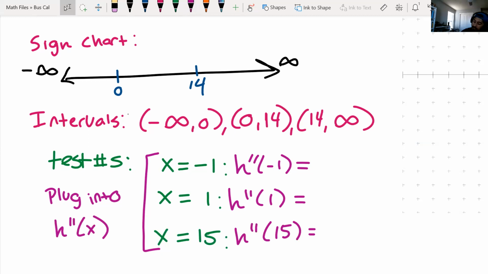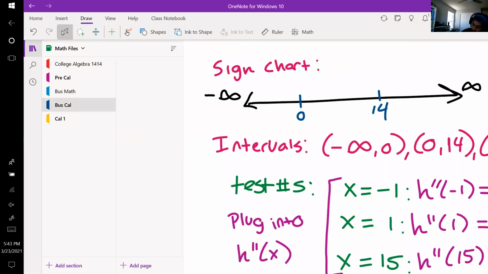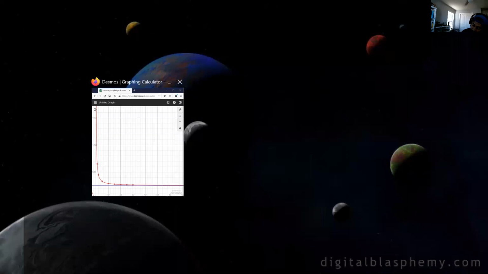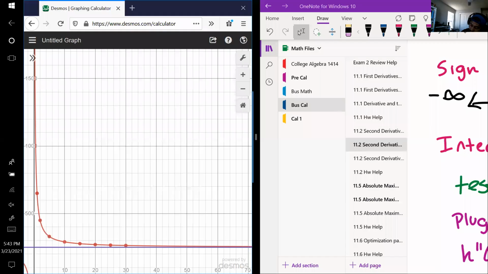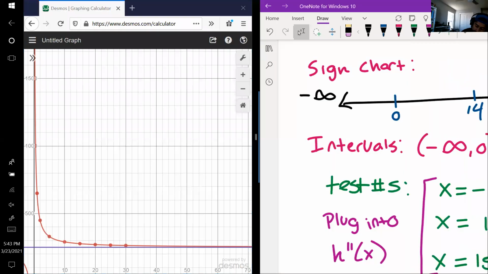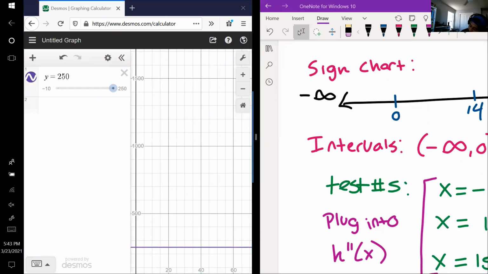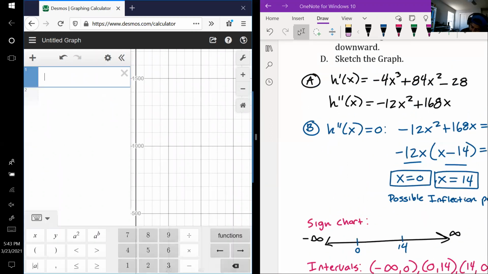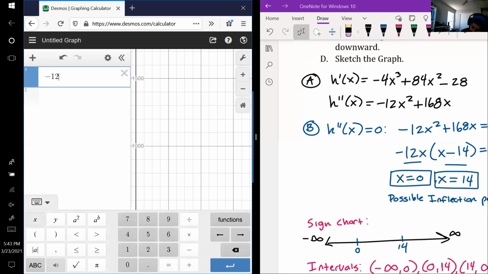All right, Desmos, here we come. Let me hide this, move that over, go to Desmos, and let me type in the second derivative, -12x squared plus 168x.